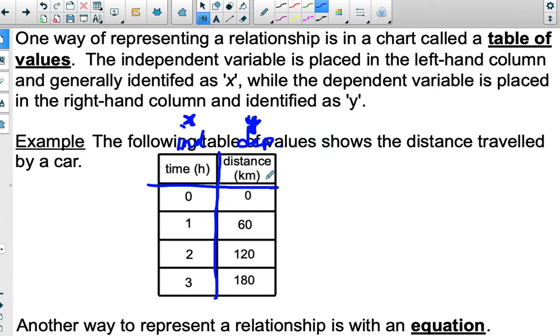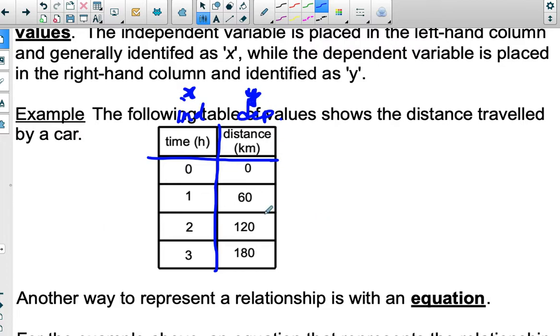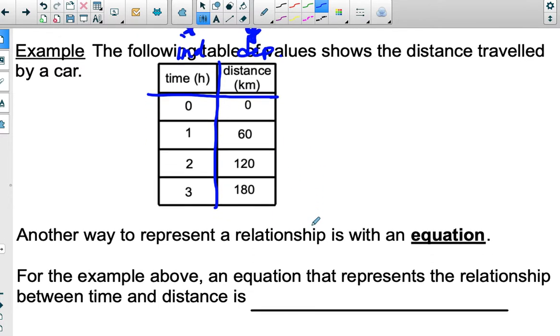So this t-table shows the distance traveled depending on the time. Another way of showing this relationship is with an equation. So for the equation above, I might define that as y is equal to 60x.